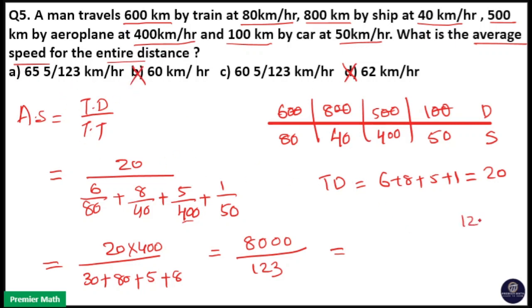Here 123 into 60 is around 6 into 3, 18. 6 into 2, 12 plus 1, 13. 6 into 1 plus 1, 7. So here 7380 is 620 shorter than 8000. So option A is your answer. Option C is eliminated. So 65 into 5 by 123 is your answer.